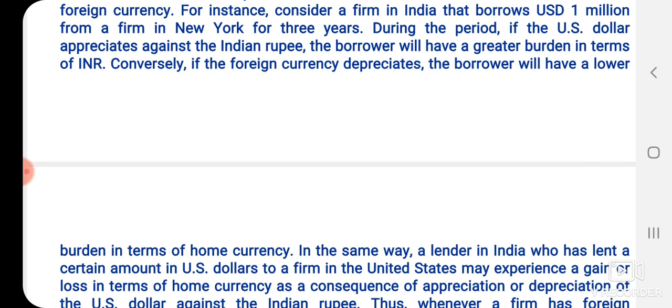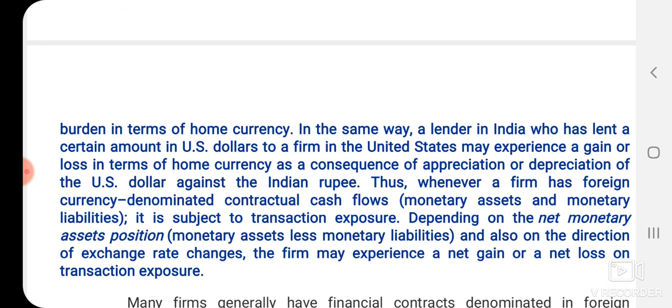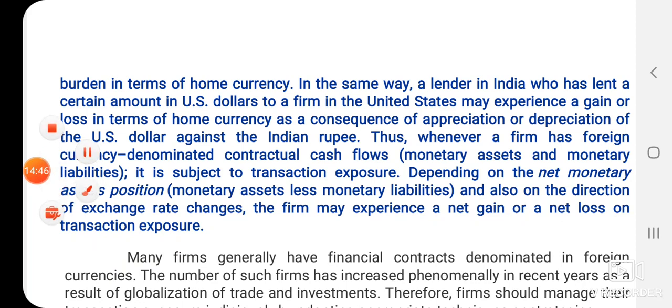Of course, we know that. If there is an appreciation in foreign currency, automatically there will be more burden on the Indian side. But in the opposite case, when the foreign currency depreciates, the borrower will have a lower burden in terms of home currency.